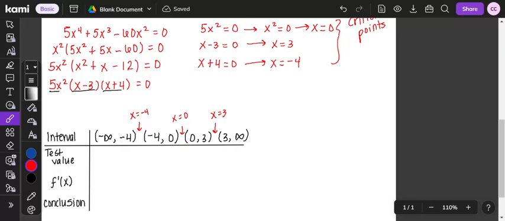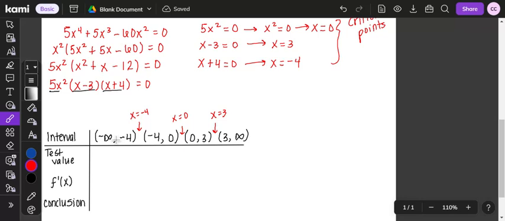Okay, and now what we're going to do is take the derivative at different values in between each of these intervals to figure out if the derivative is positive or negative. Because if it's positive, remember that means my function was increasing. If it's negative, that means my function was decreasing. All right. So I just have to look at this first interval and pick a value in that interval.